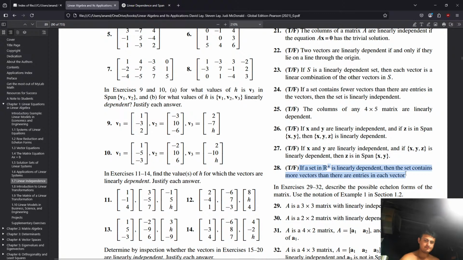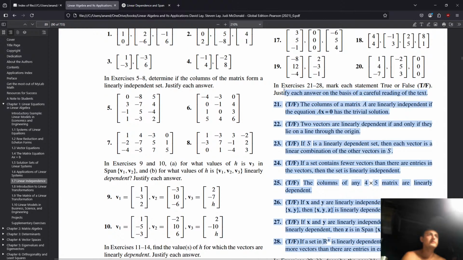That's actually false. 28 is false. It's false because consider two vectors that are equal in Rn, like (1, 0, 0) and (1, 0, 0). 3 is greater than 2, but the set is dependent. So this is false.